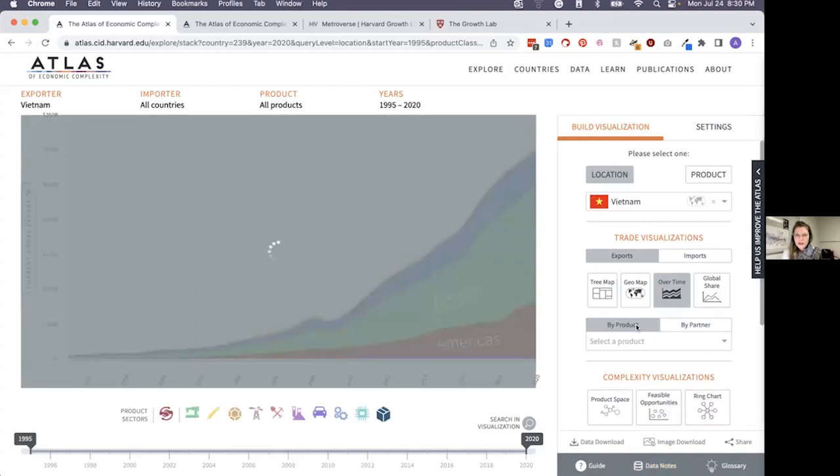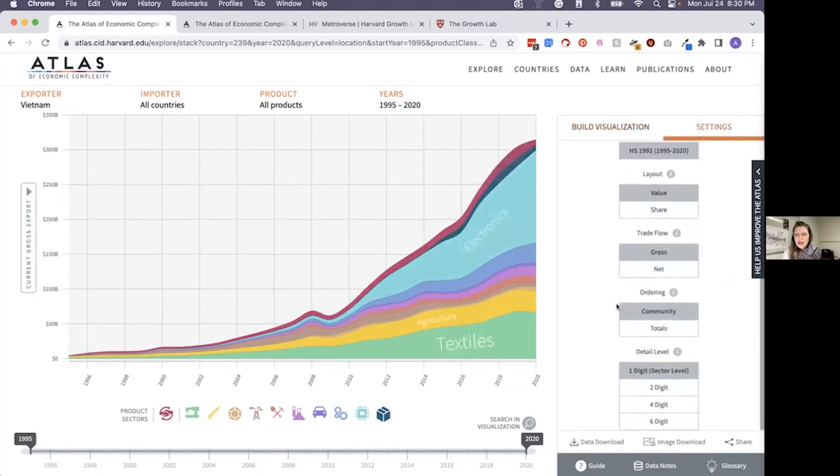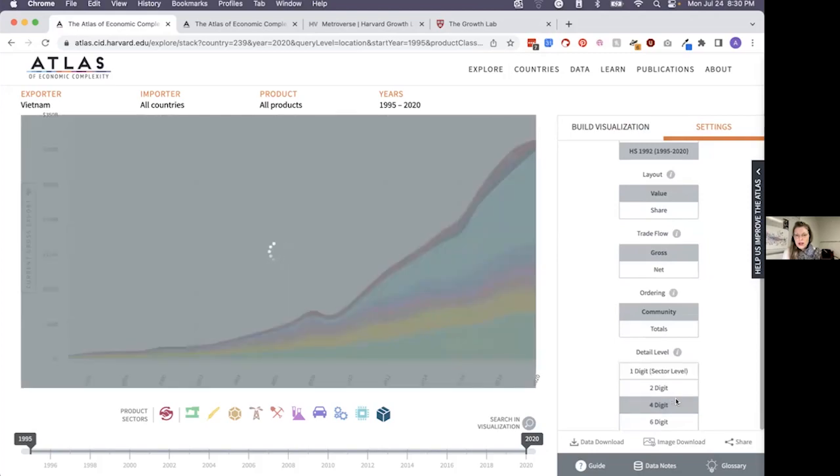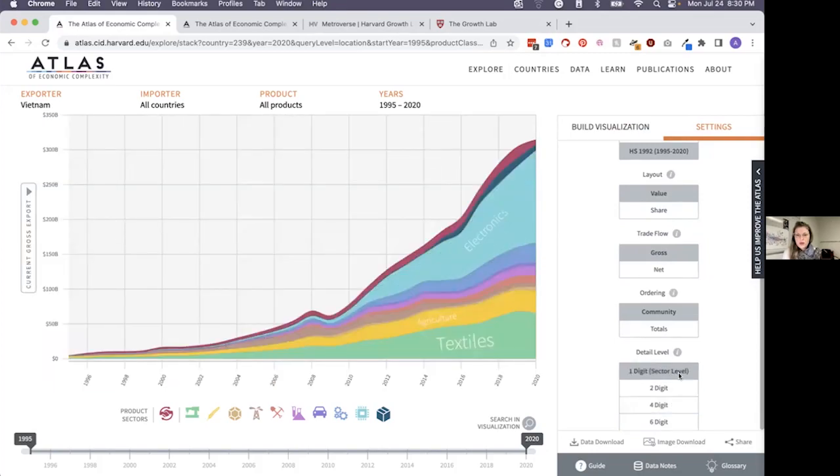We'll come back to product really quickly. And of course, we see this really amazing evolution of Vietnam's exports over time, where there's sort of this long tail of growth and then it skyrockets. And once again, you can always come in here and really customize what you're looking at. Perhaps 4-digit is a little bit more of a breakdown for us, or 1-digit.